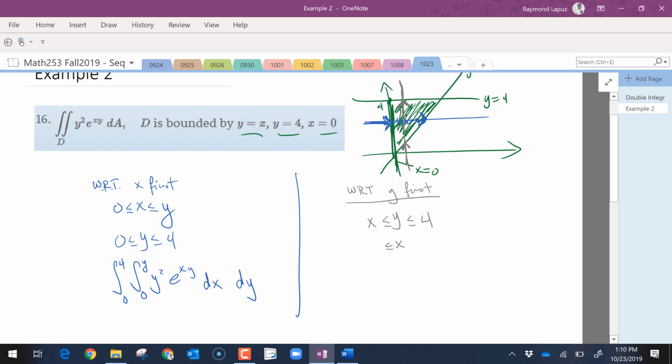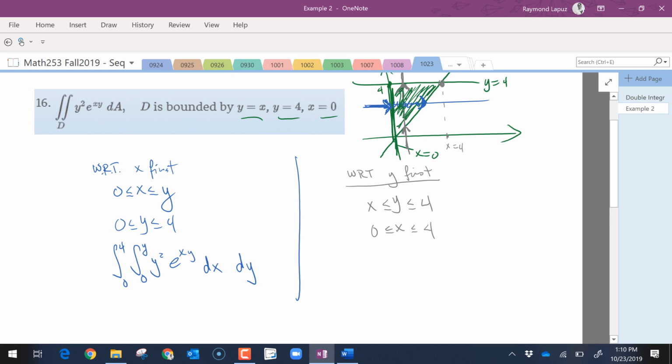Limits for x, 0 to 4, constants. How'd you get 4? That's where it ends, right? Okay.